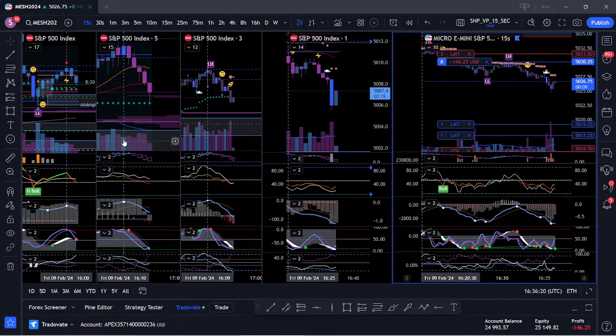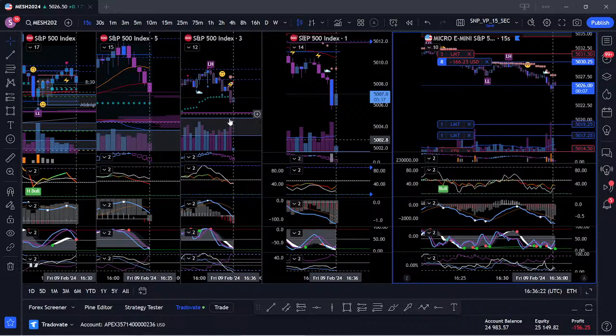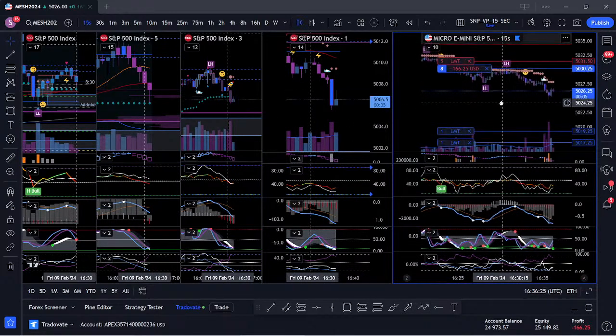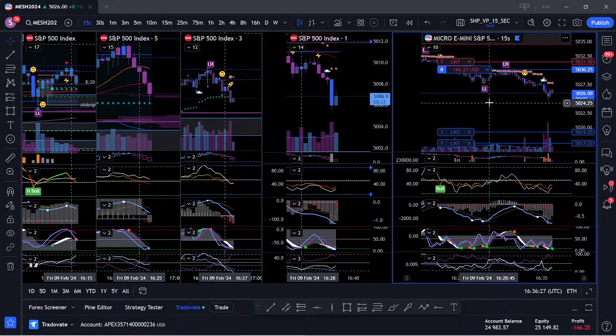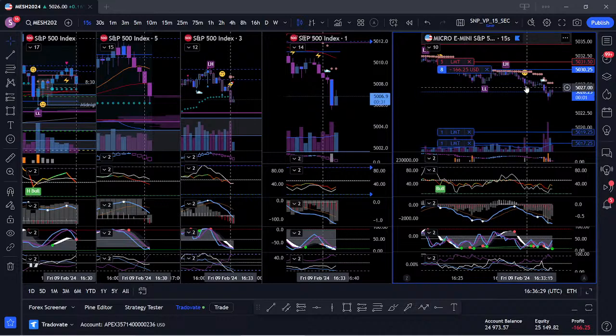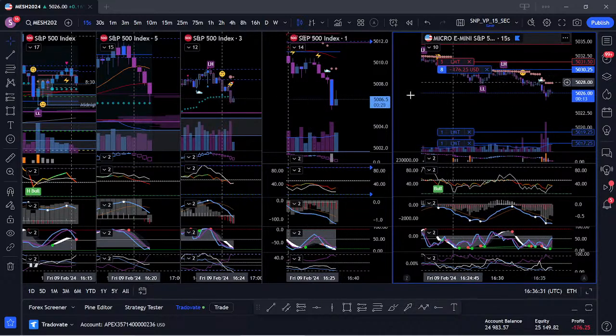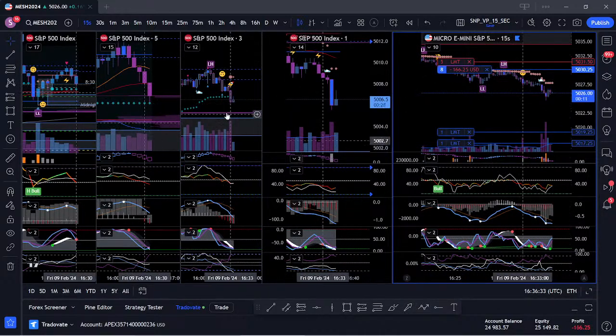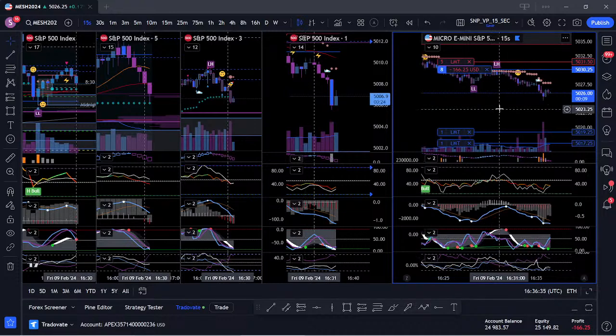Okay. We need to see the pullback. I mean, we need to see the push high. The buyers, we want to see how strong they're gonna push.